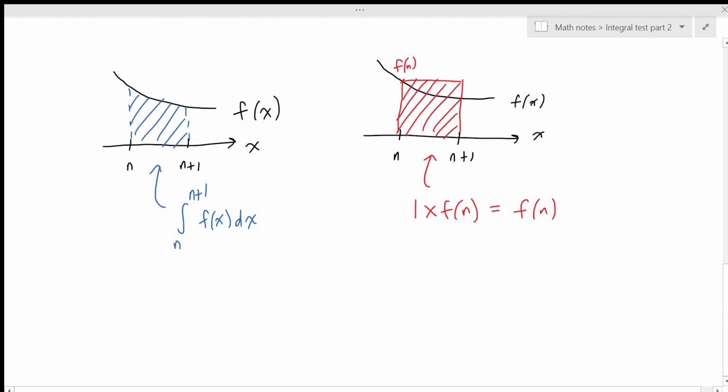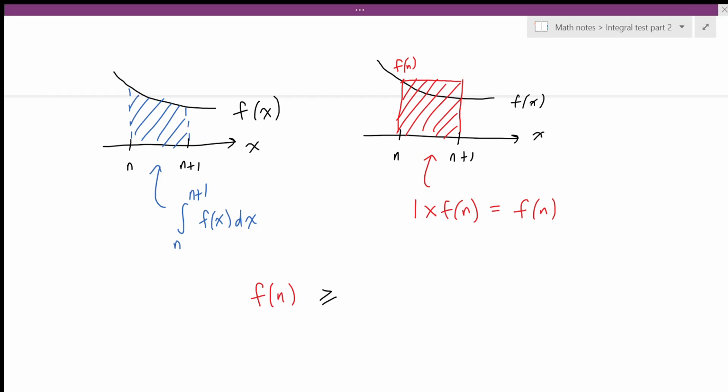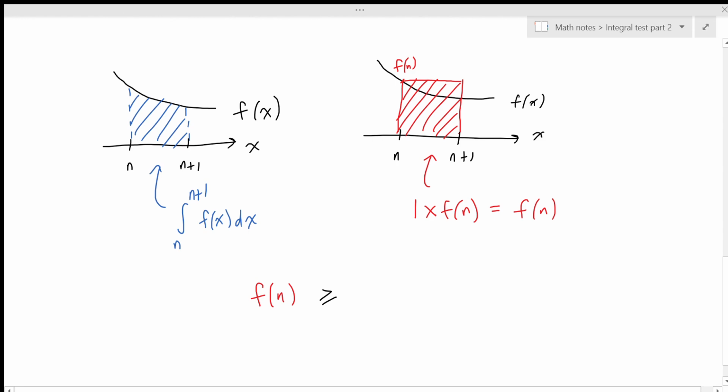Now, by comparing these two pictures, you can clearly see that f of n, which is equal to the area of the rectangle on the right-hand side, is greater than or equal to this integral.